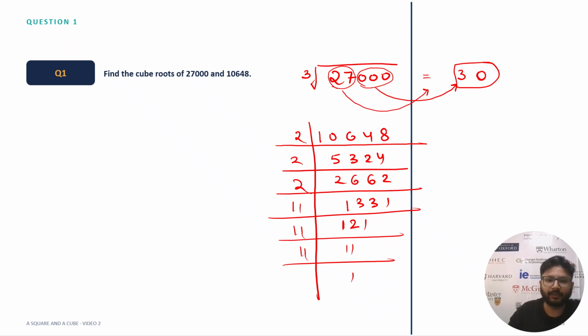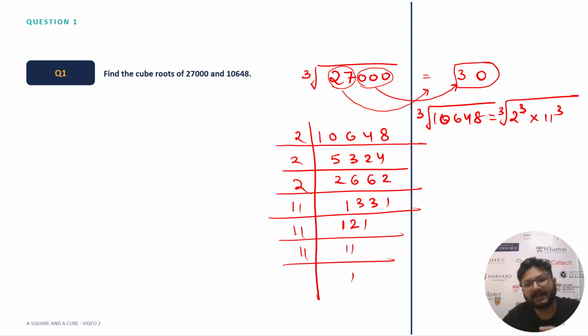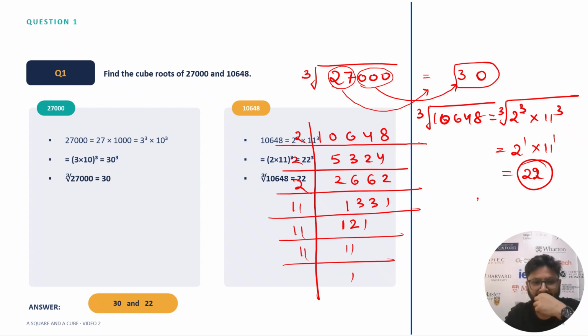So this 10648 is equal to 2 cube into 11 cube. If I have to do the cube root, the powers will get divided by 3. So it will become 2 to the power 1 into 11 to the power 1, which is equal to 22. That is going to be my final answer.